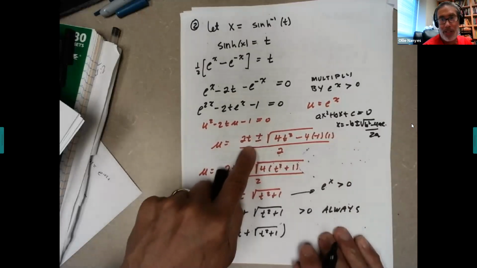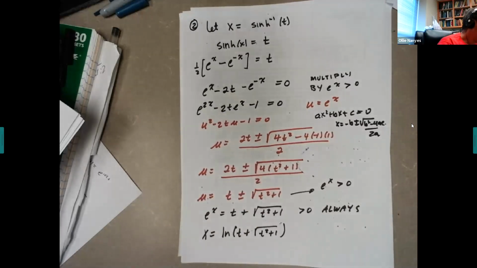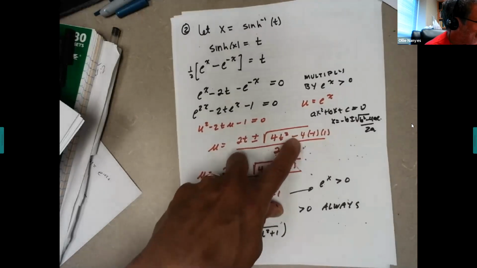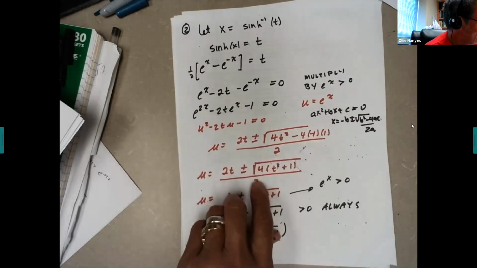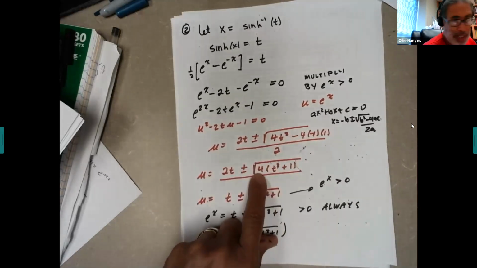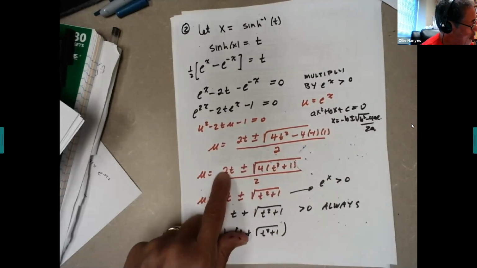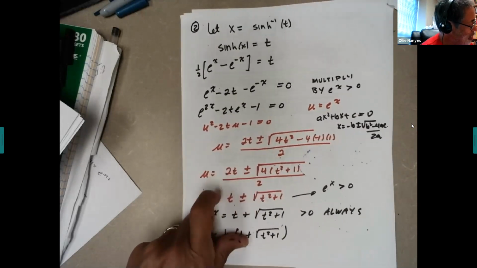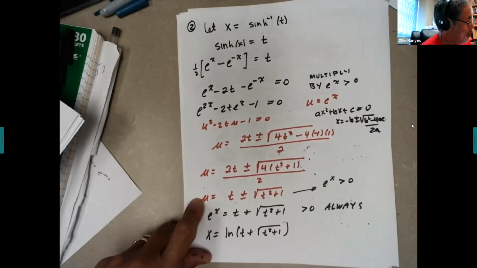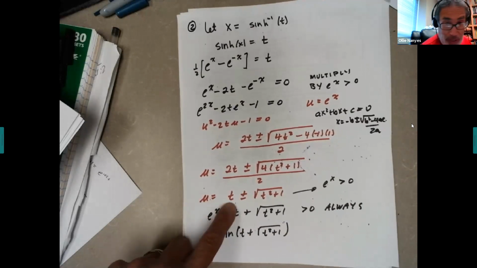Well, that's basically what we did right here. Now notice we have this 4 here. We have a minus 1. So we get down to this. Now if we take the 4 and take it out of the square root sign, it's a 2. The 2 can be taken out of the numerator and canceled with the 2 in the denominator. So eventually we get u is equal to this.